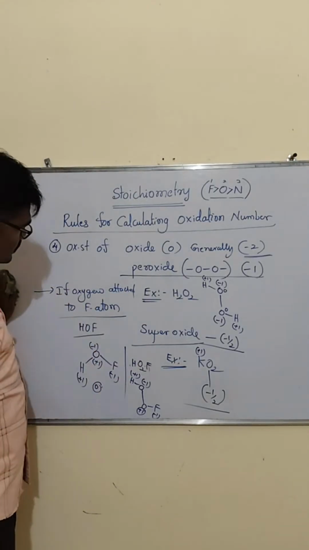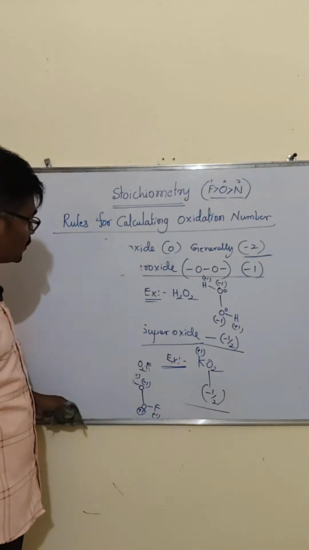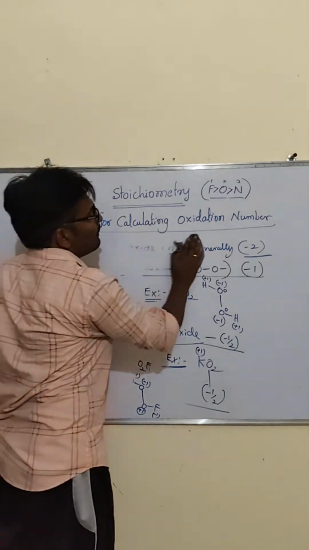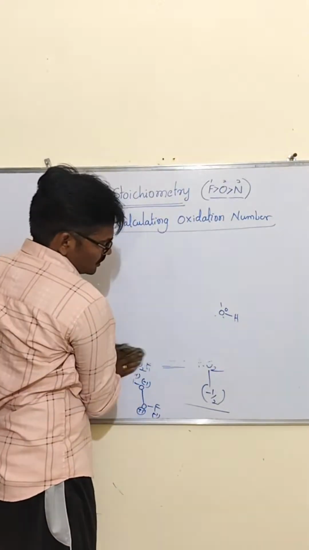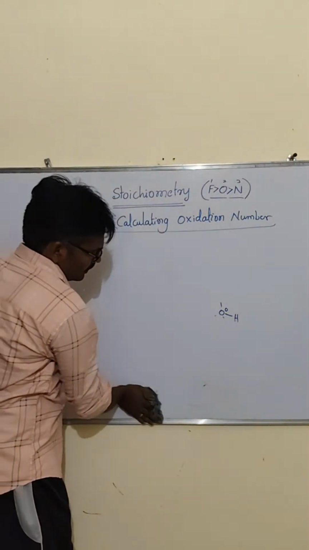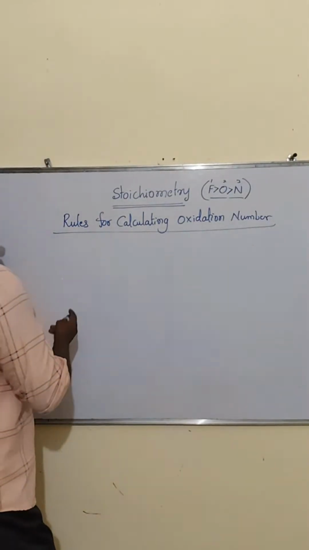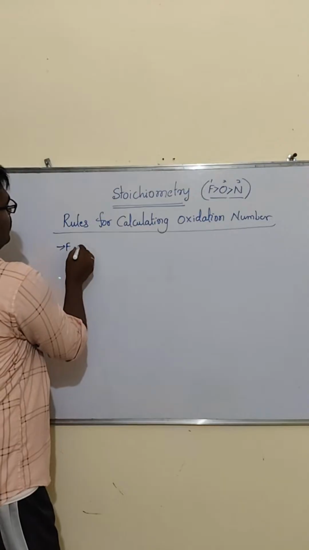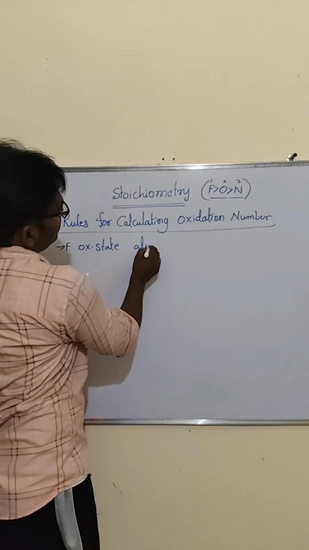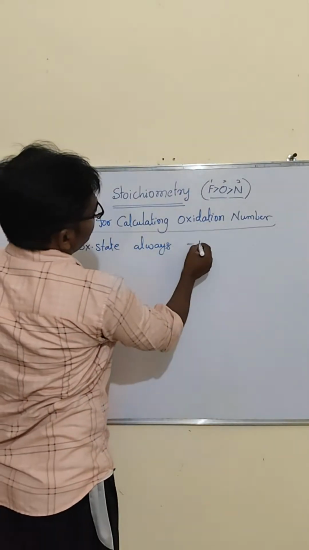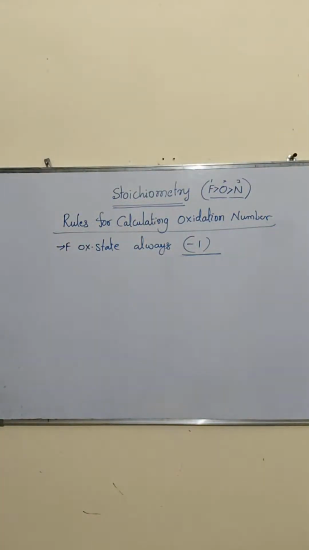All the hydrides we discussed, all the oxides we discussed. Then the next one, fluorine oxidation state. If you take fluorine oxidation state, it is always -1, whatever the compound is. Fluorine oxidation state is always -1.